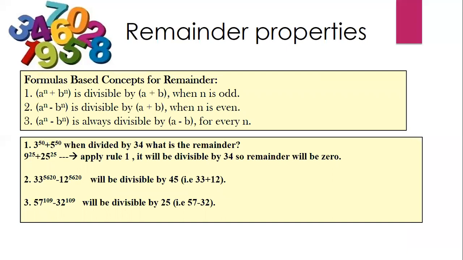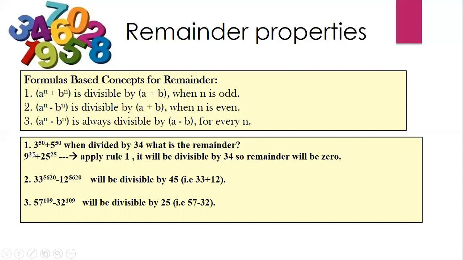And commonly used formulas, right? a power n plus b power n is always divisible by a plus b when n is an odd number. For example, 3 power 50 plus 5 power 50 when divided by 34, what is the remainder? Here our definition is based on an odd number, so we'll convert it into an odd power.